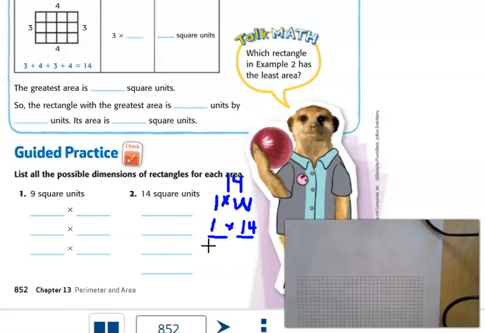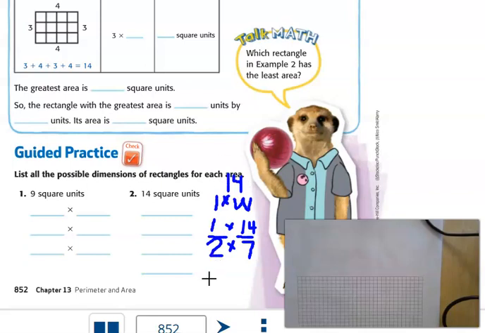Since 14 is even, I know that 2 will be a factor, and I can count by 2's until I get to 14. 7 times 2 gets me to 14. If I count by 3's, 3, 6, 9, 12, 15, I don't say 14, so 3 is not a factor, and neither is 4. You can try it: 4, 8, 12, 16.